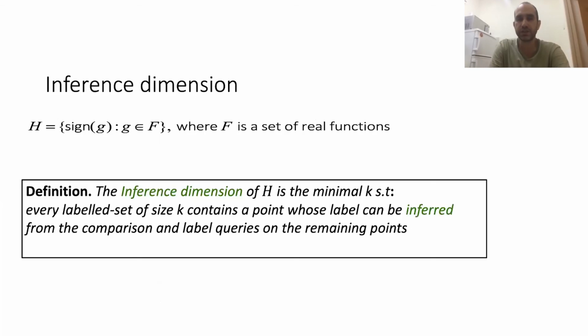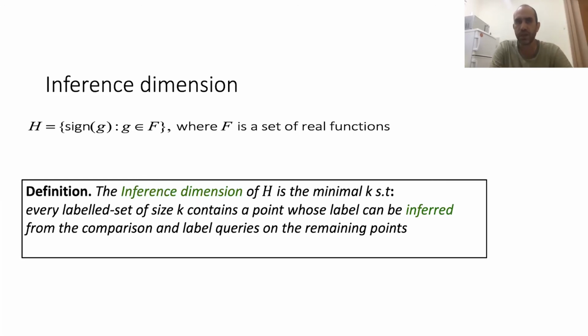Okay, so let's define the inference dimension and see a couple of examples to internalize the definition. Recall that the object we're trying to learn, the target function, belongs to a class H, which is given in this form.